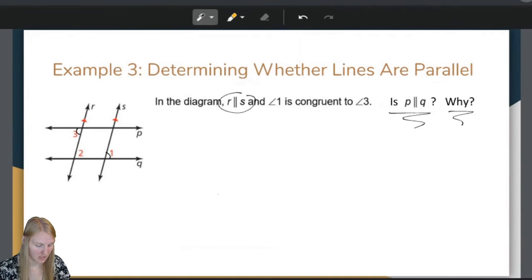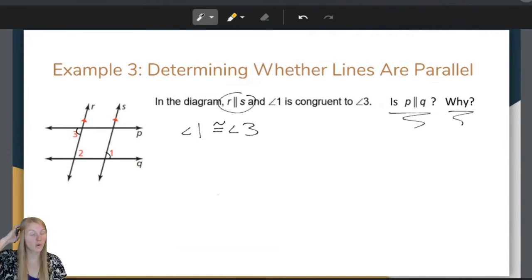Angle 1 is congruent to angle 3. Let's start with that. Angle 1 is congruent to angle 3. We know that. Okay. And what else could we figure out from this? Let's see. Oh, wait! Okay.